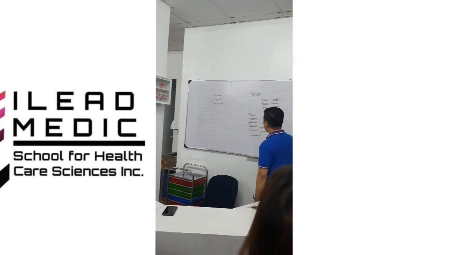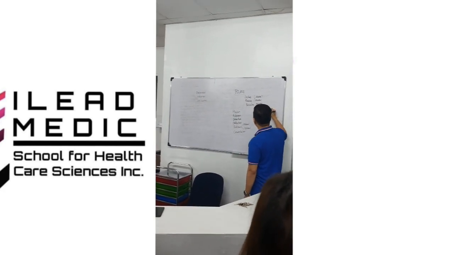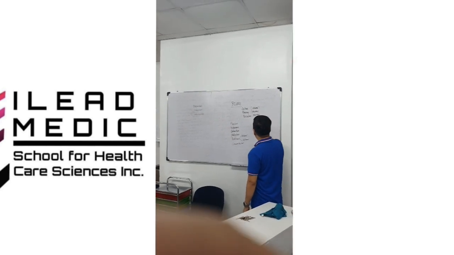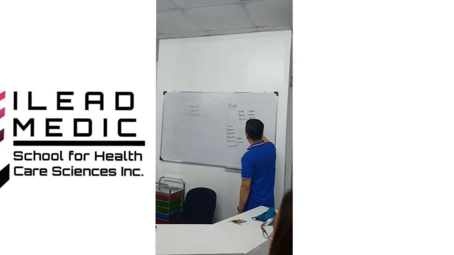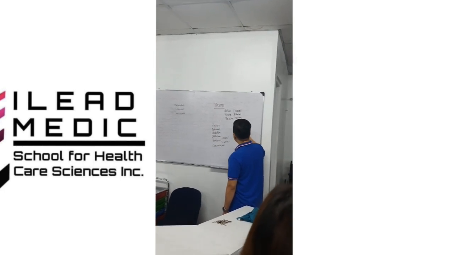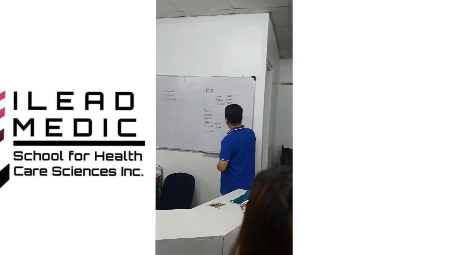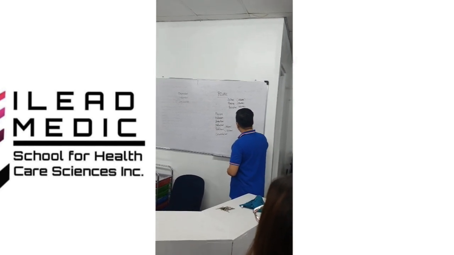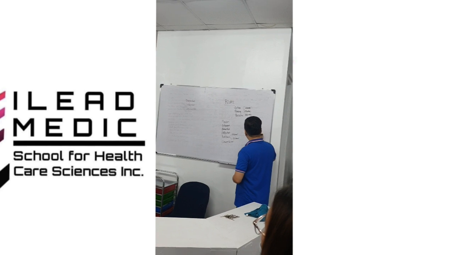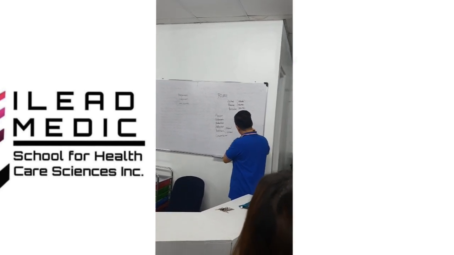Okay. Next, we also have your special movements. What are your special movements? We have your supination. We have your pronation. We have your plantar flexion. And we have your dorsiflexion.